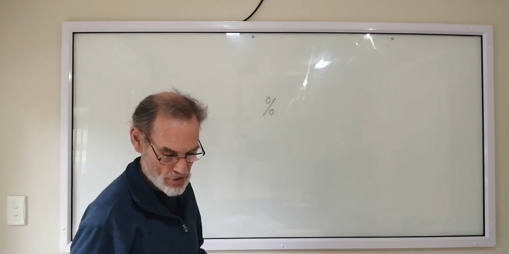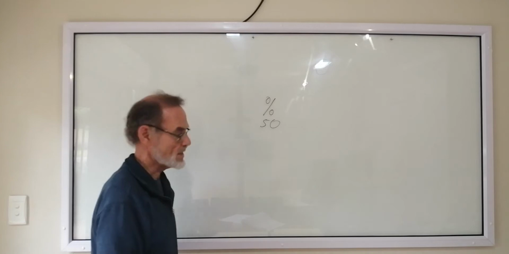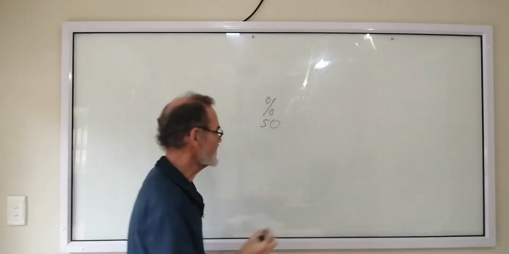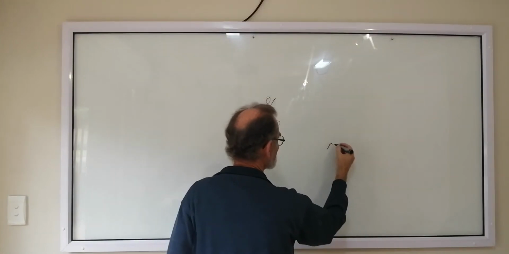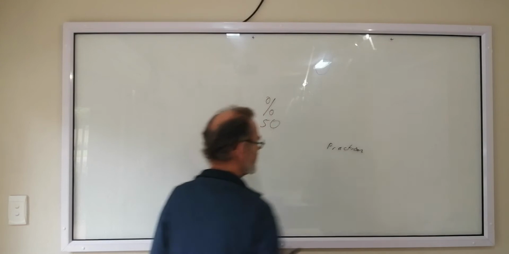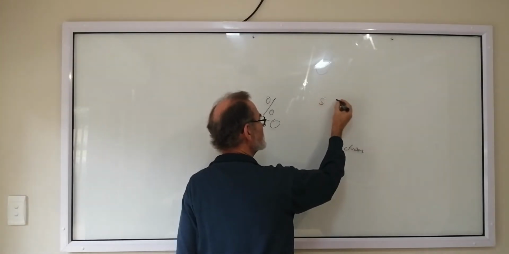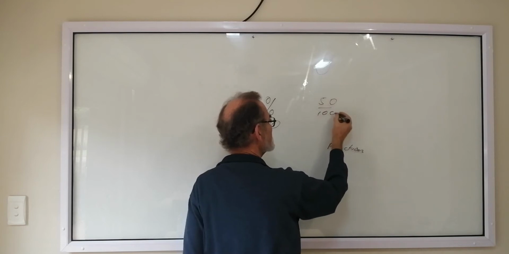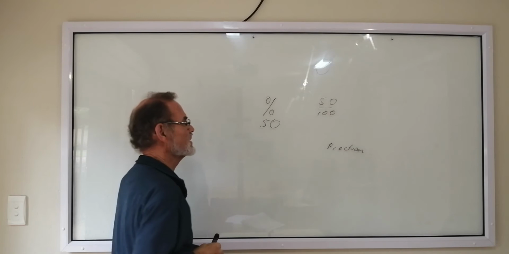Let's suppose you have here 50%, okay. What is the fraction? If we want to write it as a fraction, let's write our fraction on this side. What is 50% as a fraction? Okay, 50% is 50 over 100. And now we've just got to simplify that.